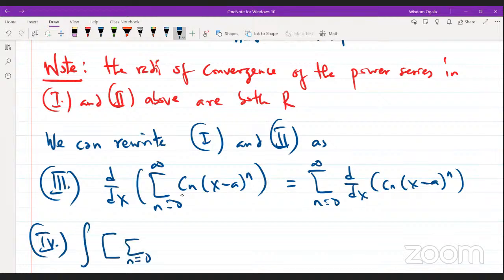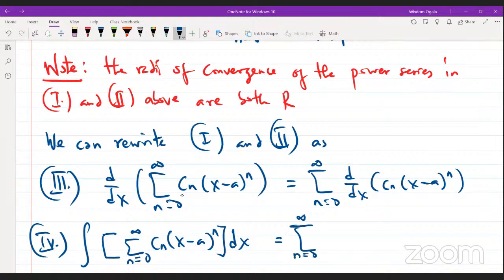This is a sigma notation, so it's pretty much the same. That means this integral can actually apply inside. So you have a sigma, integral, this guy. Now we need these ideas, we really need them.